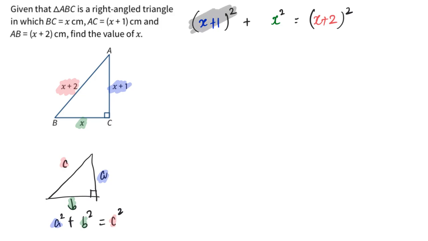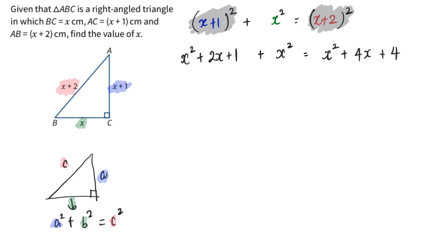So this part here will give me x square after you expand and simplify plus 2x plus 1. I still have my x square here. This part here, when I expand and simplify, will give me x squared plus 4x plus 2 squared is 4.